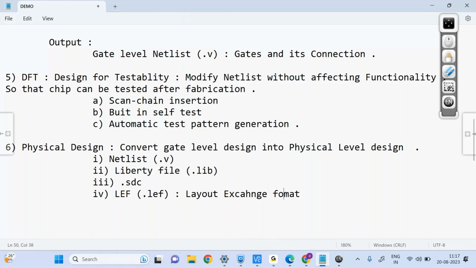So now I have timing, meaning delay information, and power information in the Liberty file for standard cells. For the same standard cells, I have layout information in the LEF file.